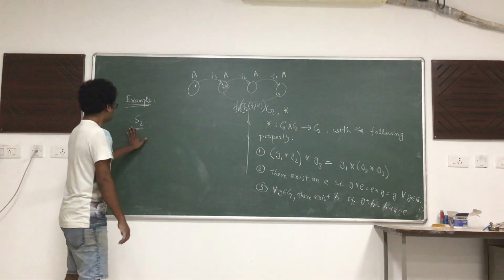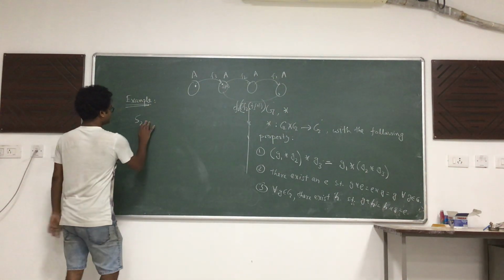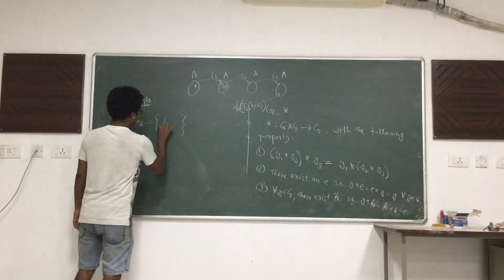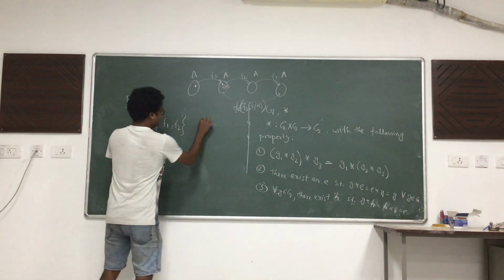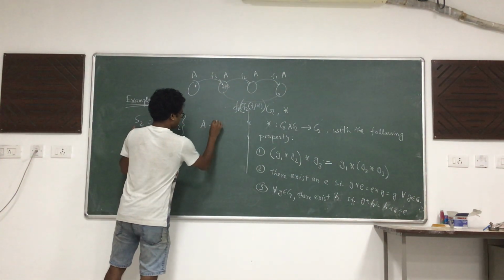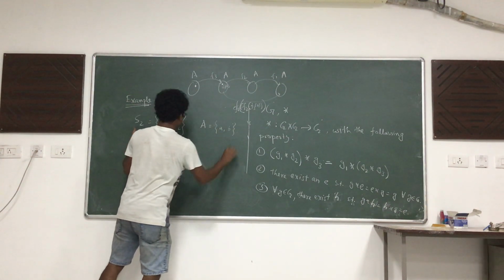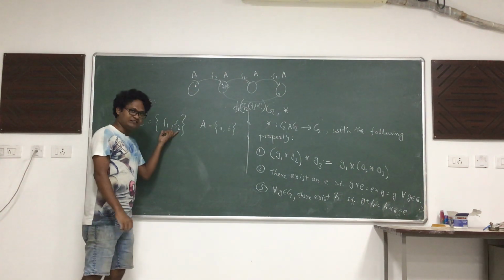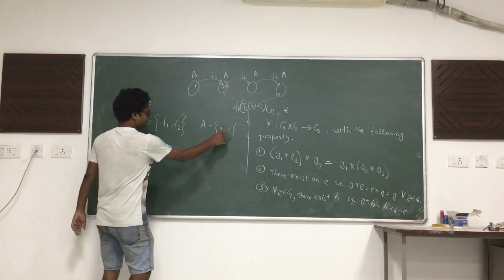It's n factorial. So if we consider S2, it will have precisely two elements. Let us call them F1, F2. If I have a simple set with two elements, A, B, there will be two functions which are bijections, not more than two, not less than two, which will form this group.